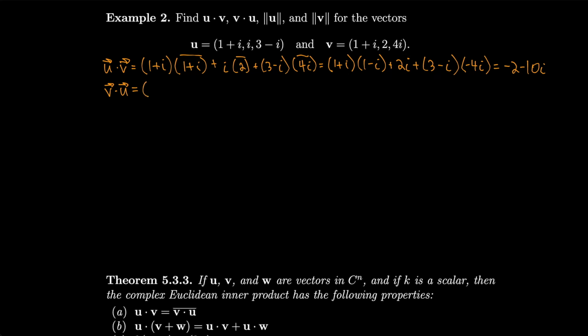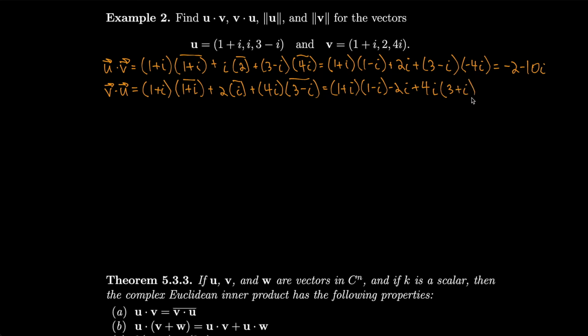So v dot u is (1 plus i) times (1 plus i bar) plus 2 times i bar plus 4i times (3 minus i bar), and that equals (1 plus i) times (1 minus i) minus 2i plus 4i times (3 plus i), which is minus 2 plus 10i.